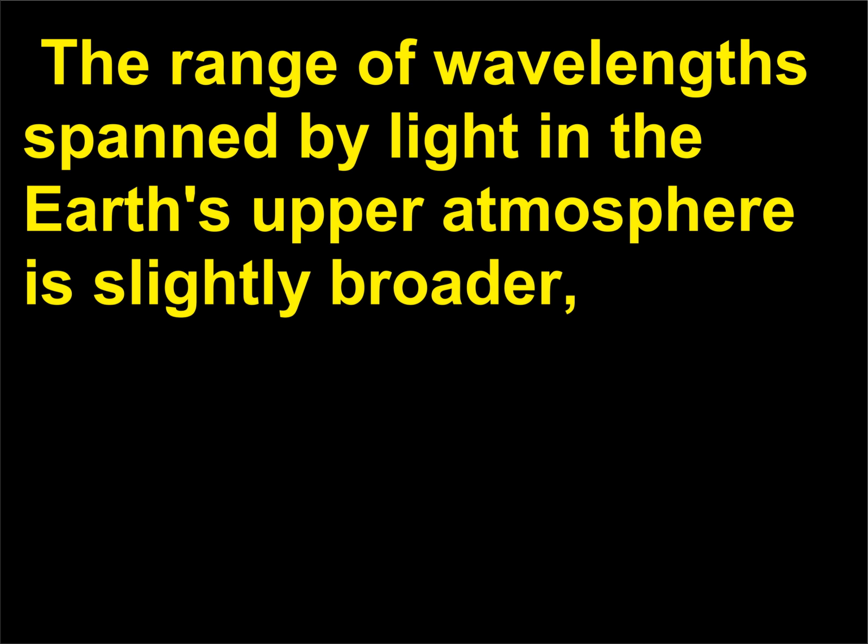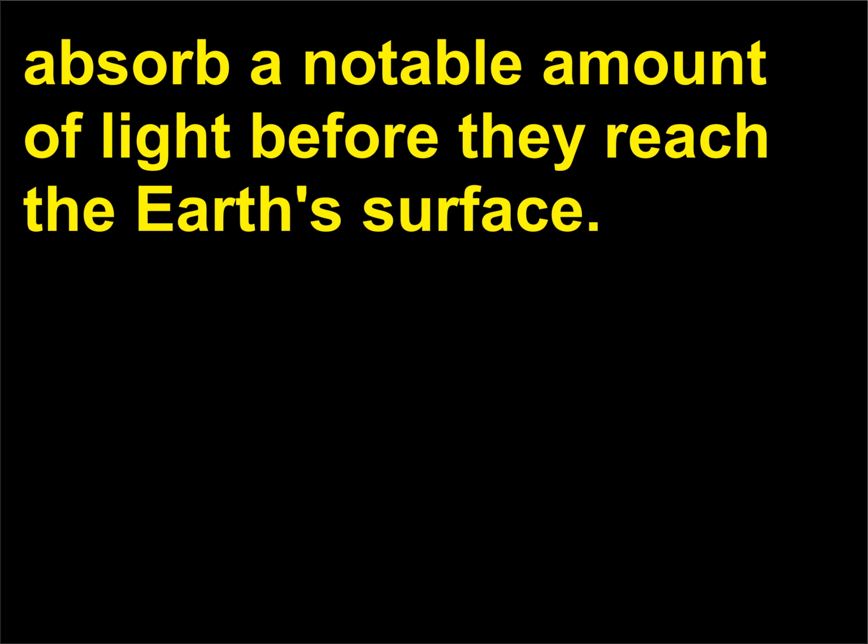The range of wavelengths spanned by light in the Earth's upper atmosphere is slightly broader, demonstrating that gases present in the atmosphere absorb a notable amount of light before they reach the Earth's surface.